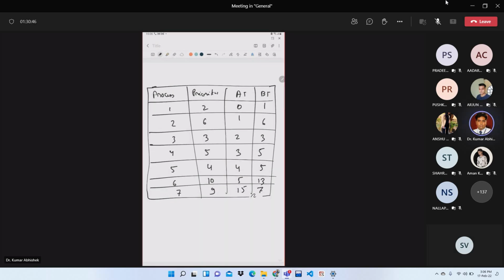This was the question. Process, priority. From 0 to 1, P1, then P2.